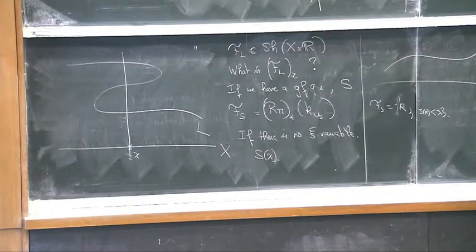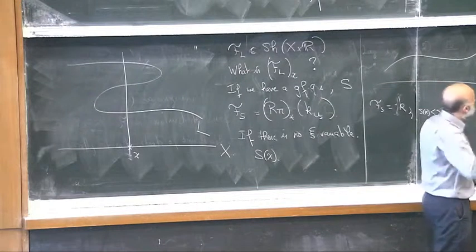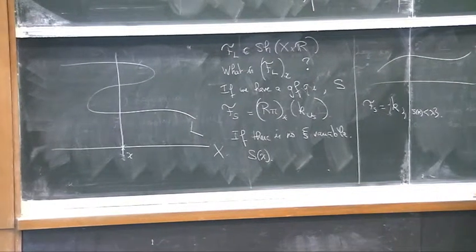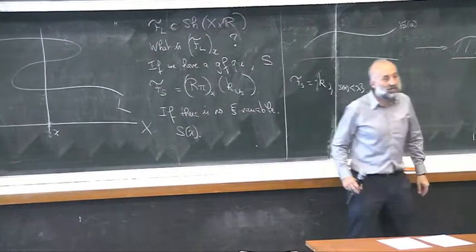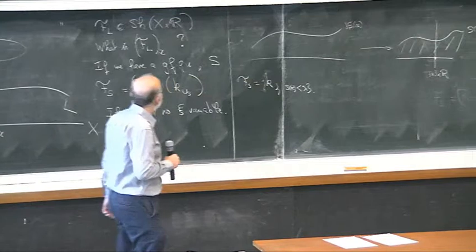So if you look at what happens on X times R, you get the constant sheaf below the value S(x) and the zero sheaf above.